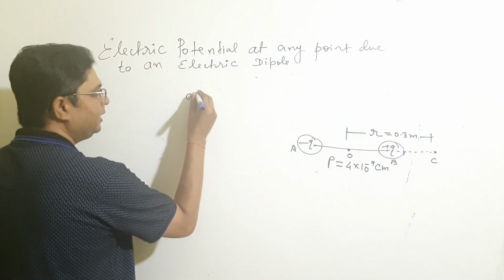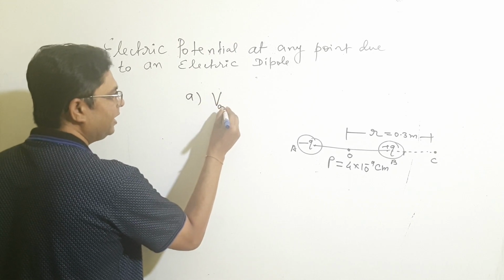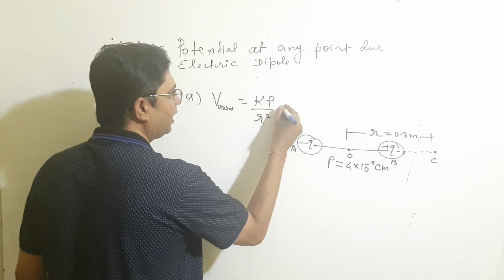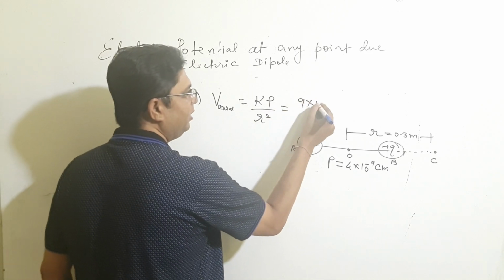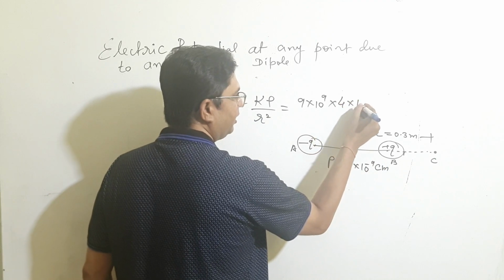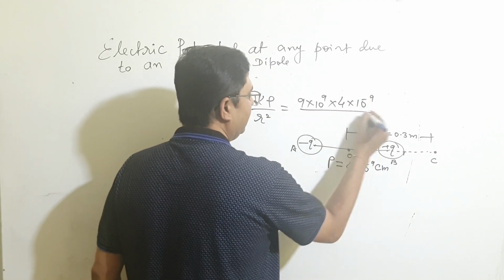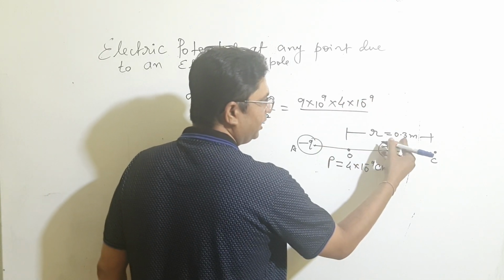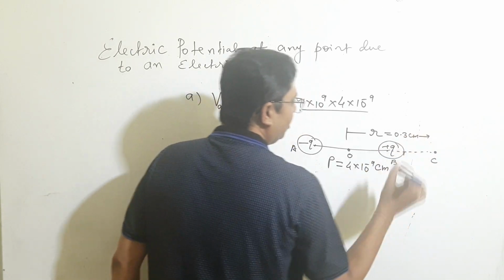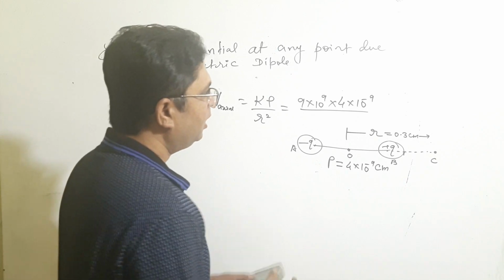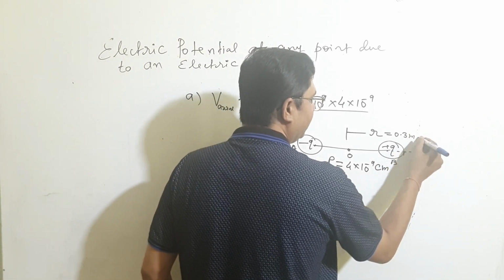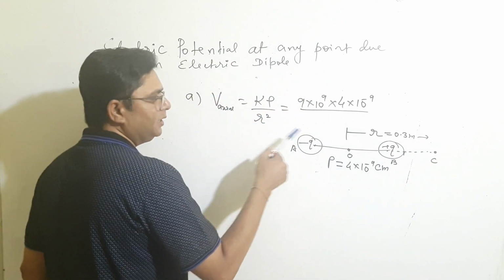So the answer is V axial is equal to Kp upon R square, and the value of K is 9 into 10 to the power 9. P is given, this is 4 into 10 to the power minus 9, and R is 0.3 meter.